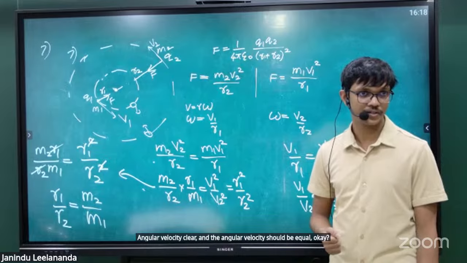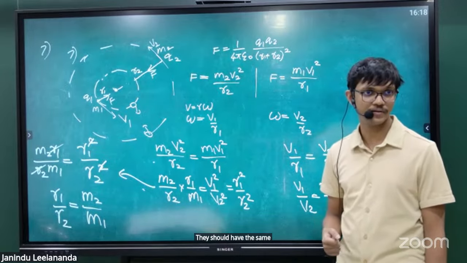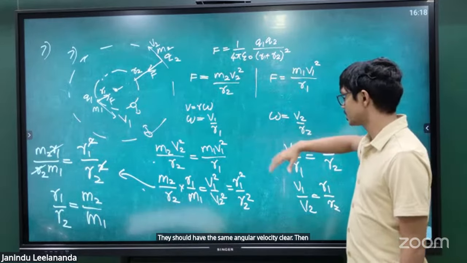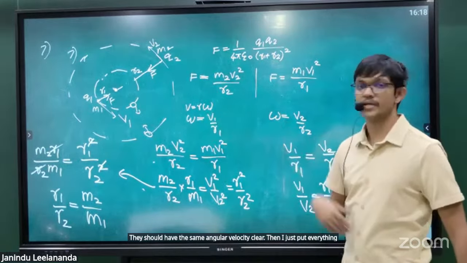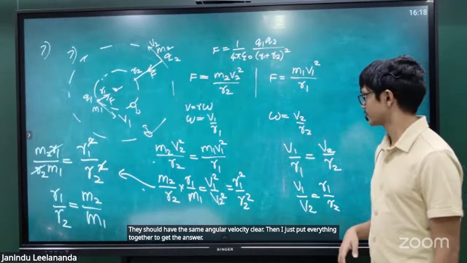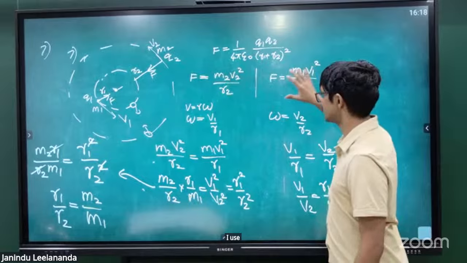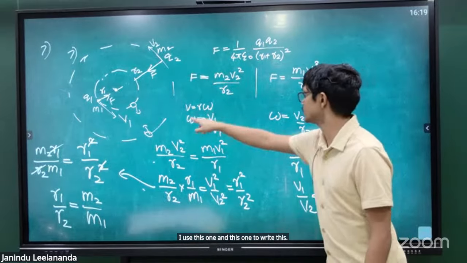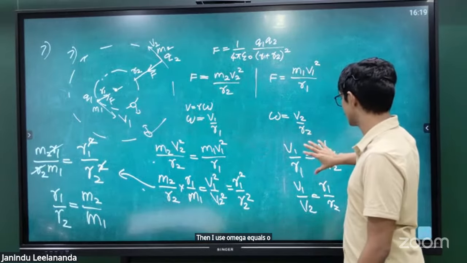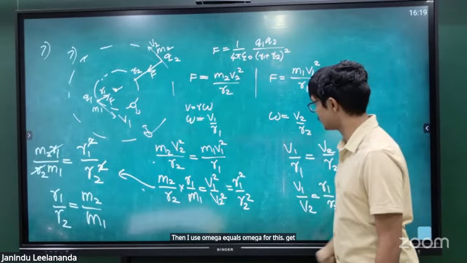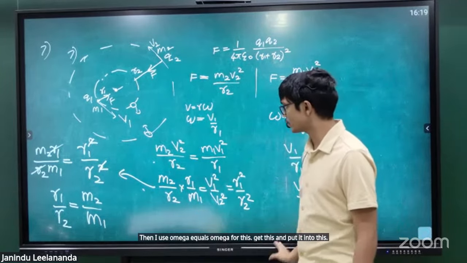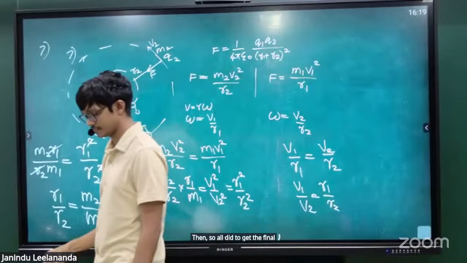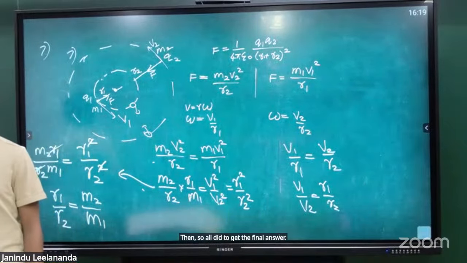They should have the same angular velocity. Then I just put everything together to get the answer. I use this one and this one to write this. Then I use omega equals omega for this, get this and put it into this. Then solve it to get the final answer. Clear?